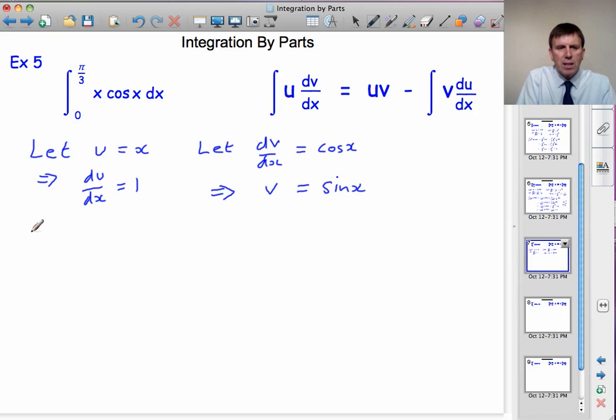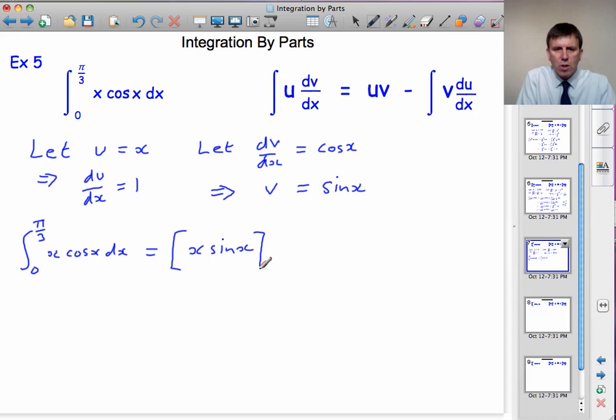And now we can say the integral from 0 to pi by 3 of x cos x dx is equal to uv, which is x sin x, and that is evaluated just as definite integrals always are between the two limits, pi by 3 and 0.